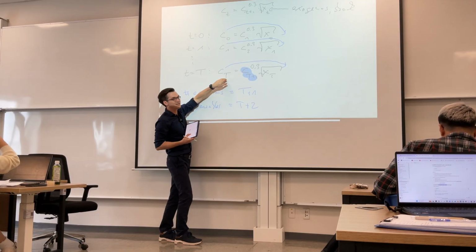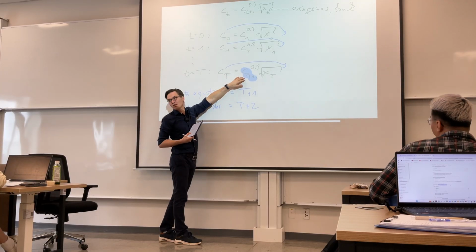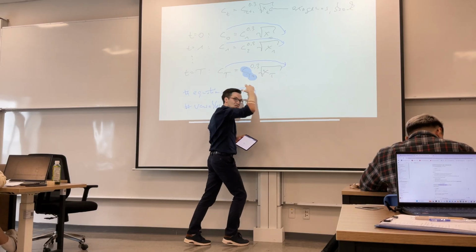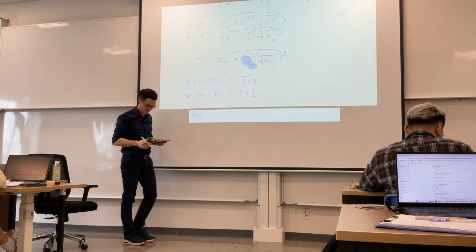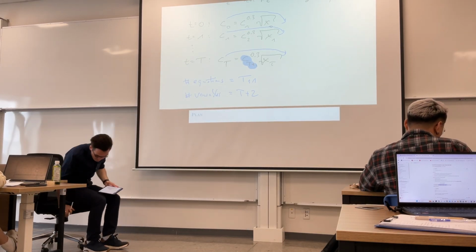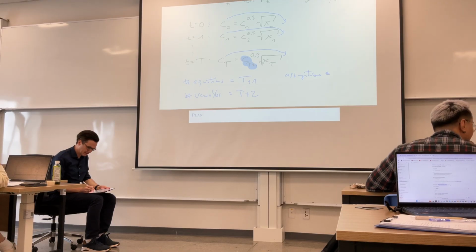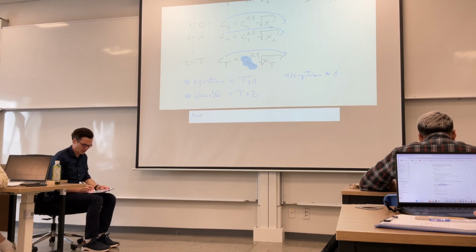Anyways, we are lacking one equation, and the common assumption is that after period T plus 1, once you are in the steady state, you're going to stay in the steady state thereafter. It's like you have converged to the steady state. So the assumption number 1 that the solver makes is that C capital T is equal to C capital T plus 1.